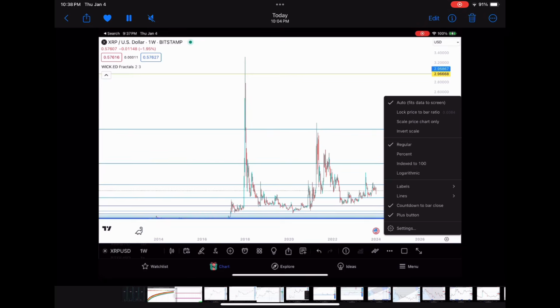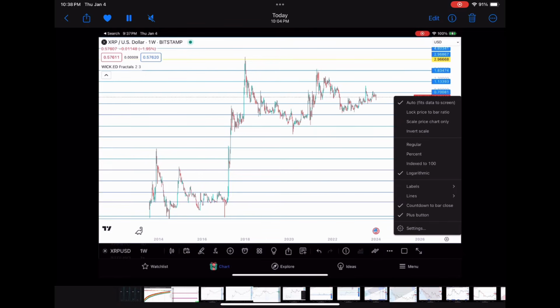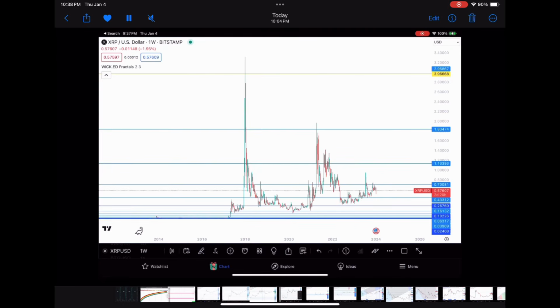And again, one more time, just to flip back and forth between regular and logarithmic with the same levels.